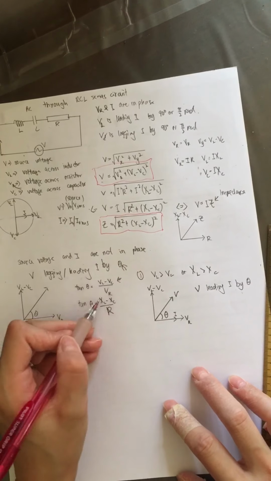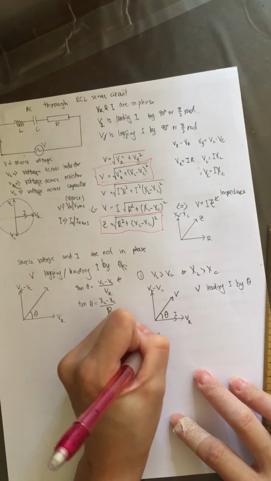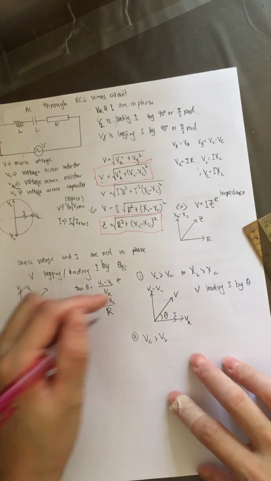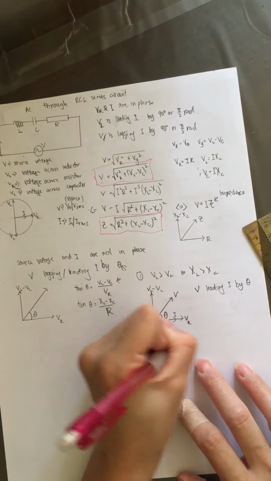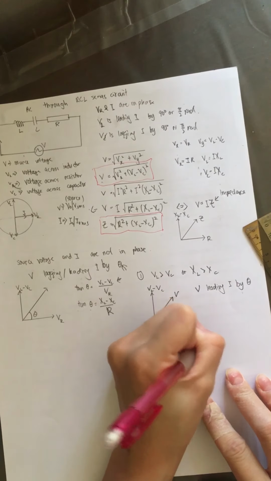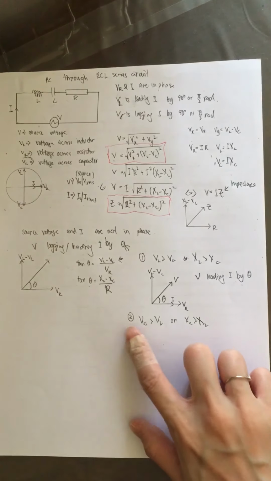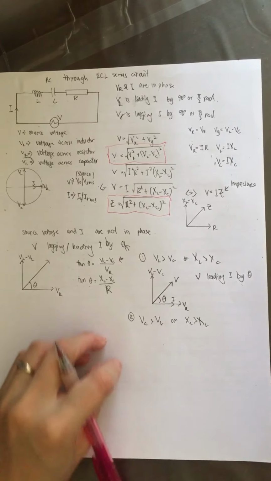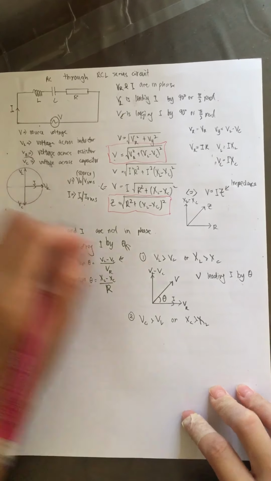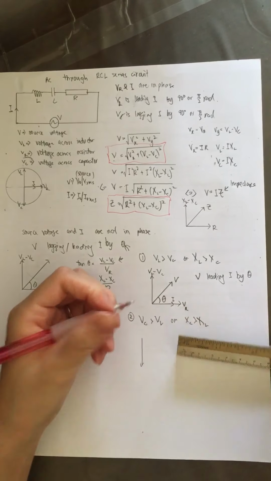There is a second case here. If you look carefully, let's say VC is greater than VL, or we call it XC is greater than XL. What happens? Now your diagram here has a negative component, because VC is greater than VL.